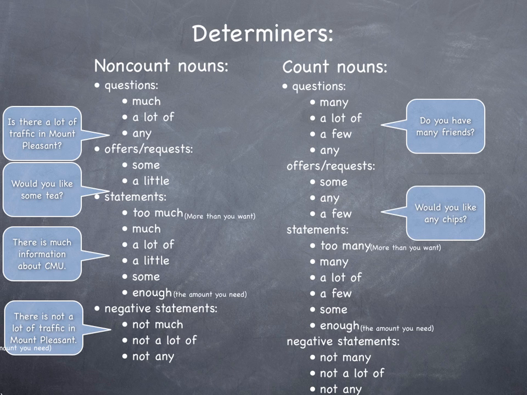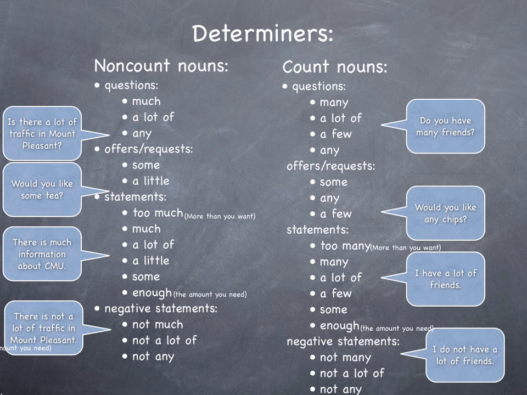For statements, we use too many, more than you want, many, a lot of, a few, some, enough. And again, enough is the amount that you need. An example is, I have a lot of friends. And to form negative statements, we use not many, not a lot of, and not any. An example is, I do not have a lot of friends.